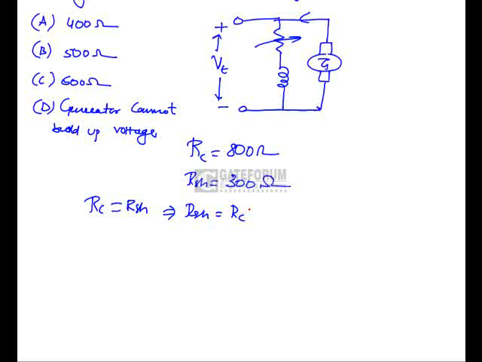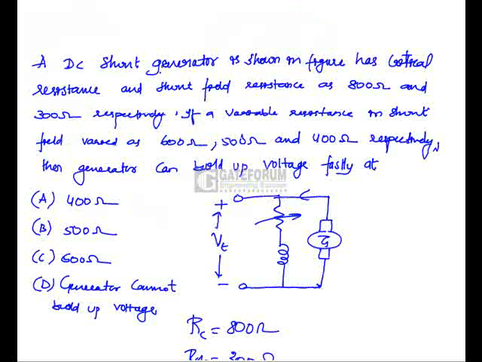But in the question, he asked, if shunt field resistance is varied from 600 ohms, 500 ohms, 400 ohms, then the generator can build up voltage fastly at.